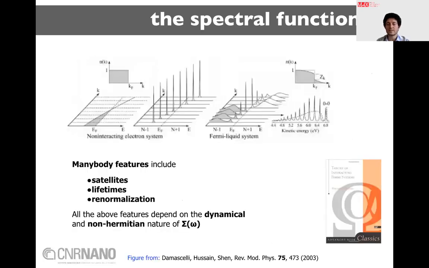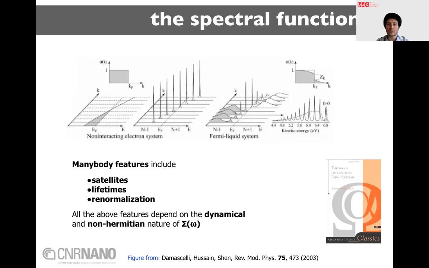So, as a summary, these are, on the left and the right, the differences between a non-interacting k-resolved density of states and an interacting spectral density. That is, we have a renormalization of the features, we have satellites, we have lifetimes in terms of broadening, and energy shift as renormalization.